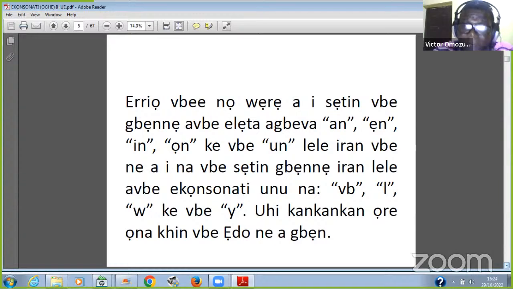So the oral consonants are B, L, W, K, Y. So whenever you are writing, you don't need to add the digraphs A-N, E sub dot N, I-N, O sub dot N, and U sub dot N after these oral consonants. These are basic writing rules in the Edo language.